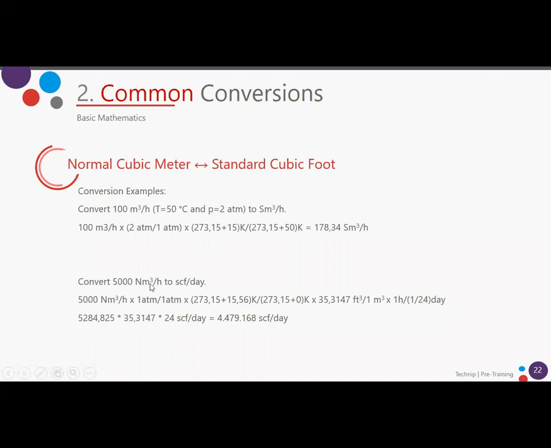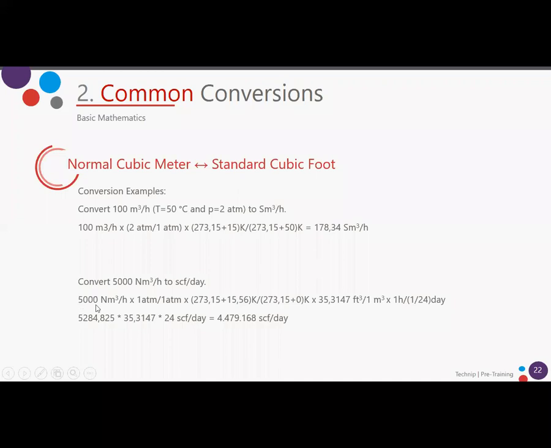Okay, then let's do a little bit more complicated one, where we not only have to convert normal cubic meters to standard cubic foot, but also we have hours and we have day, okay? So we want to convert 5,000 normal cubic meters per hour to standard cubic foot per day. Then we apply the same formula as above.